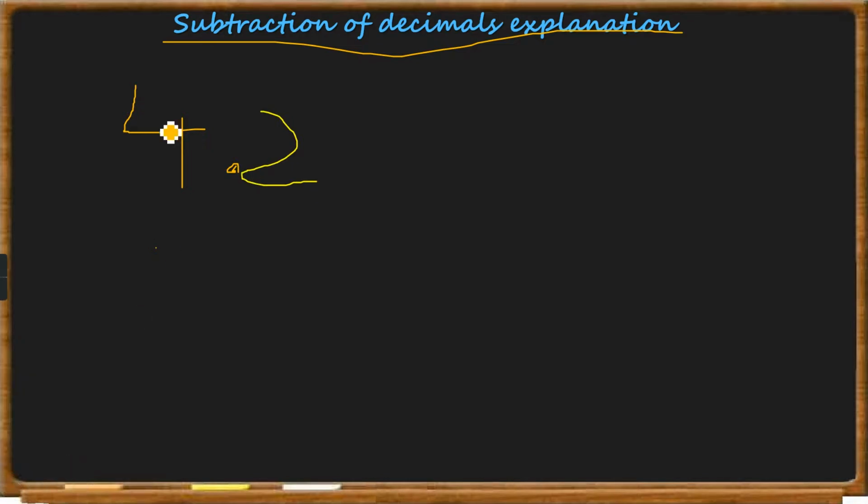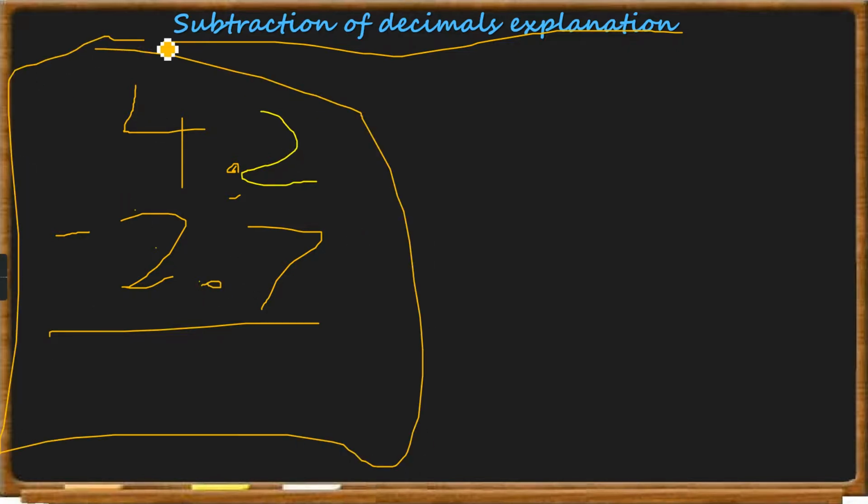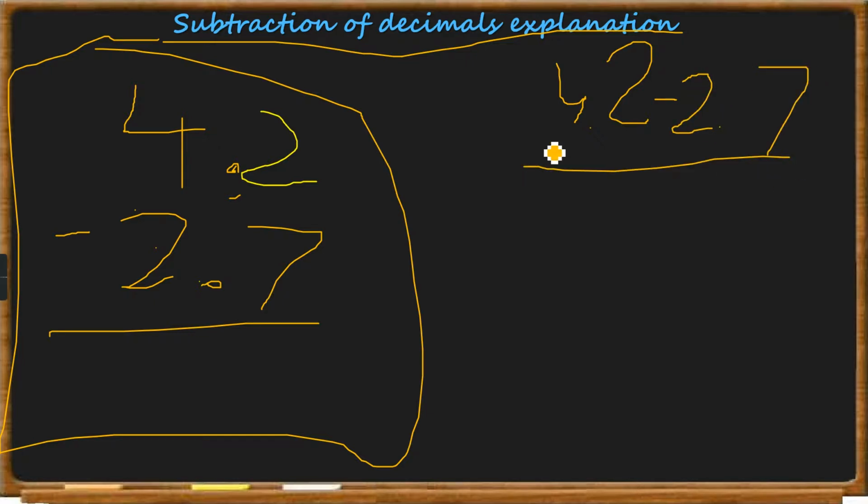So here, this is the question you need to solve, and this is the order I told you to write it in. They will give you a question like this, 4.2 minus 2.7, and in this order you need to write them.